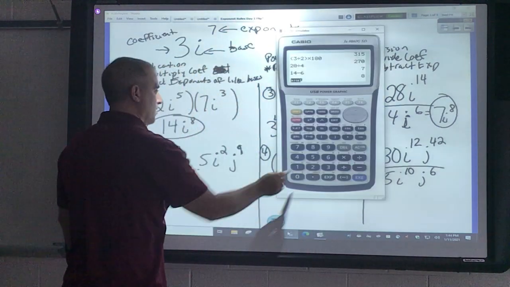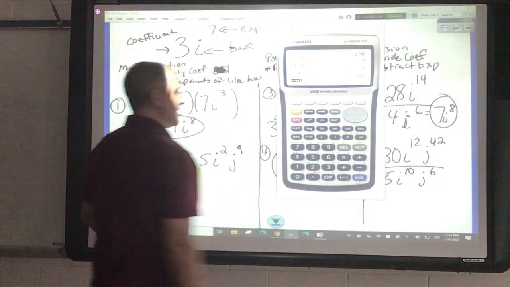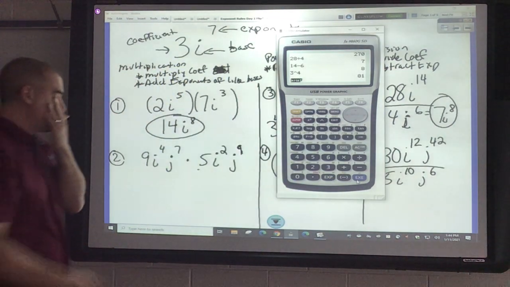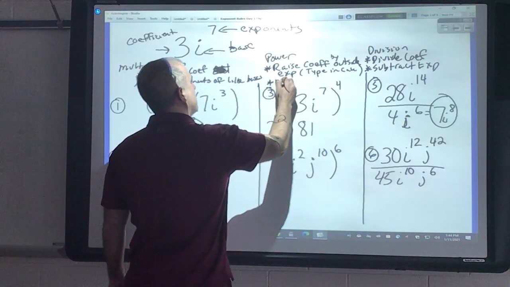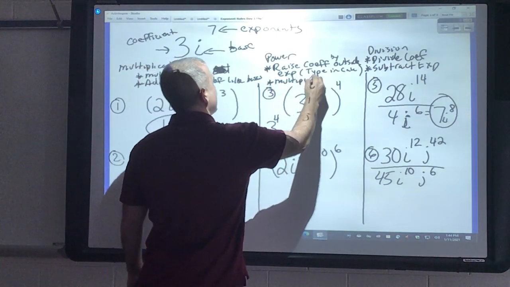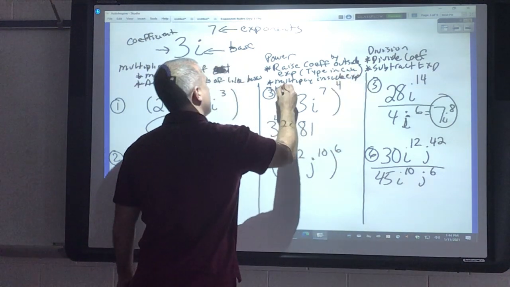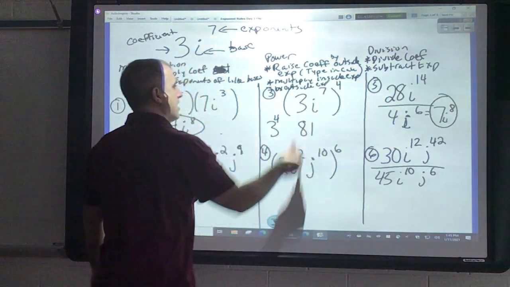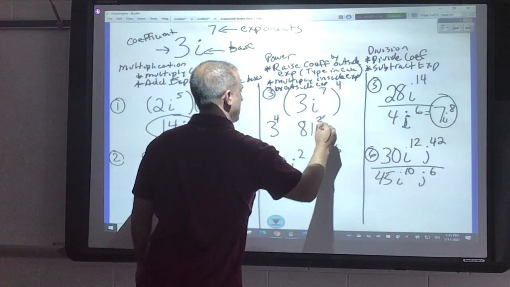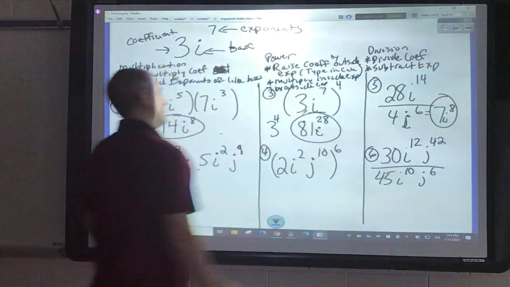So 3 caret 4. It is an exponent, so you want to create that. That would be 81. You want to multiply inside exponents by outside exponents. So 7 times 4 is 28, so that would be i to the 28th power.